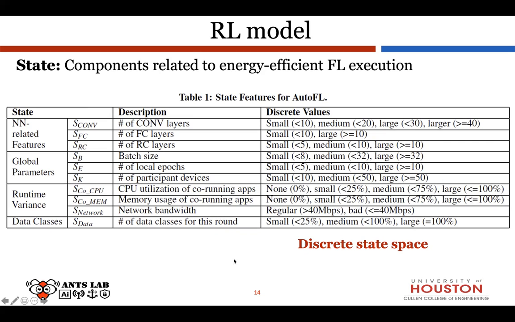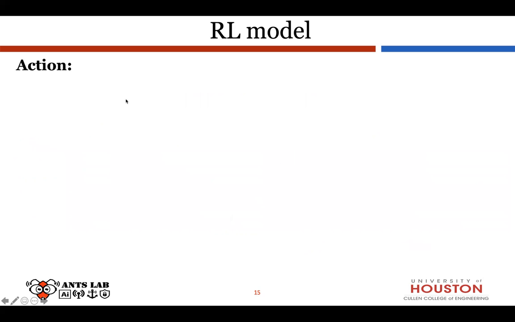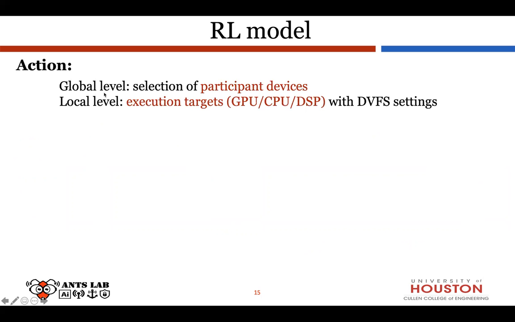Next, let's move to the action space. In their paper, they have two types of actions. One is the global level action, the selection of participant devices. We need to choose K devices to participate in the training among all available devices.